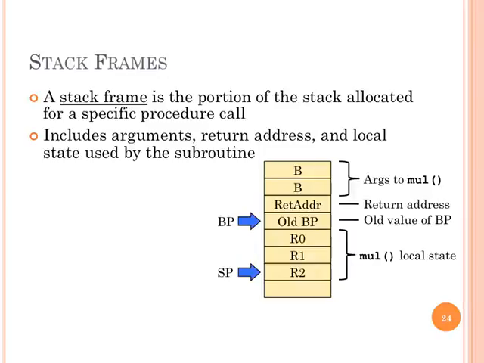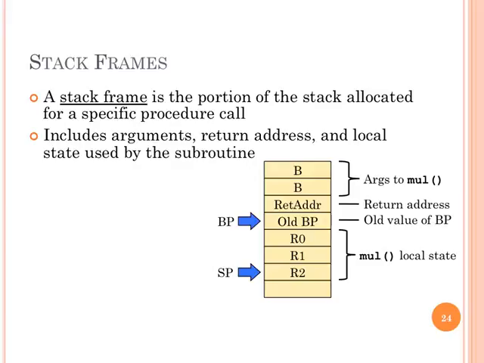Now this BP, this base pointer, we also call a frame pointer, because the subroutine takes a certain amount of space, it has a certain amount of data it has to manipulate, and that data that it manipulates we call the subroutine stack frame. Okay, so like I said, the stack frame is the portion of the stack allocated for a specific procedure call.